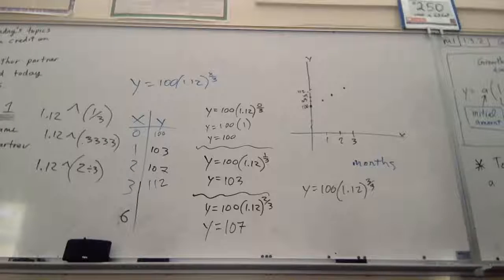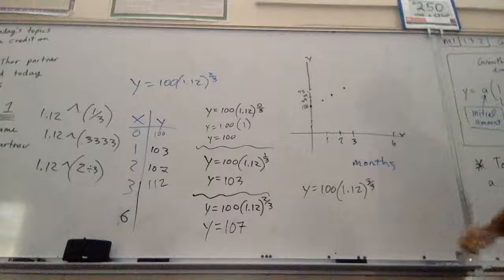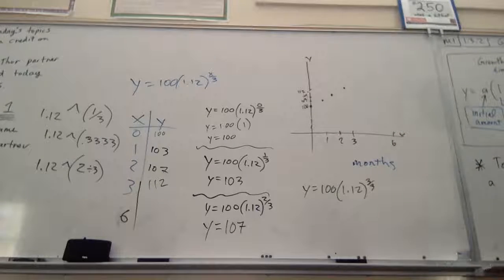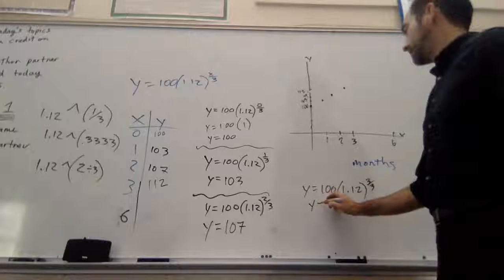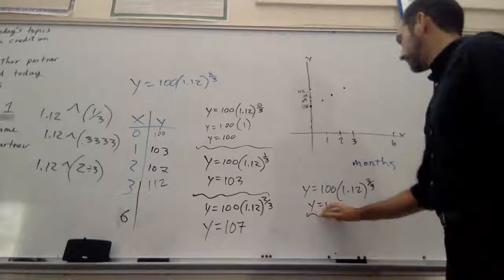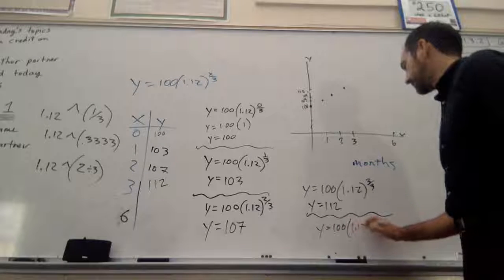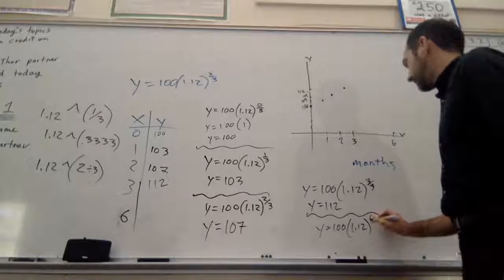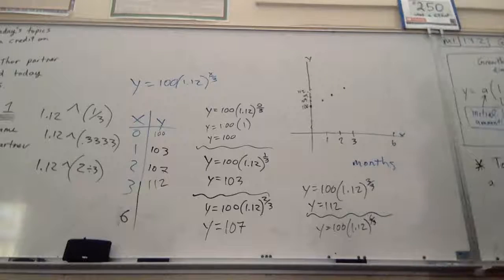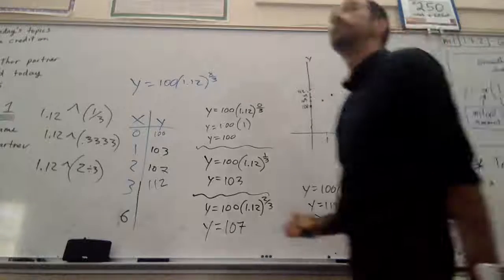All right, I still want to do 6. Let's do 6. I'm going to see what's happening out here at 6. So 6 we'd end up with, so this was 112. Y is equal to 100 times 1.12. 6 over 3 reduces to 2. So just raise that to exponent 2.